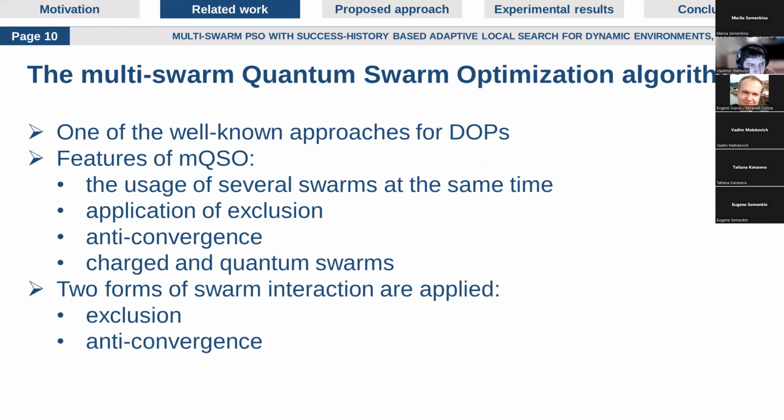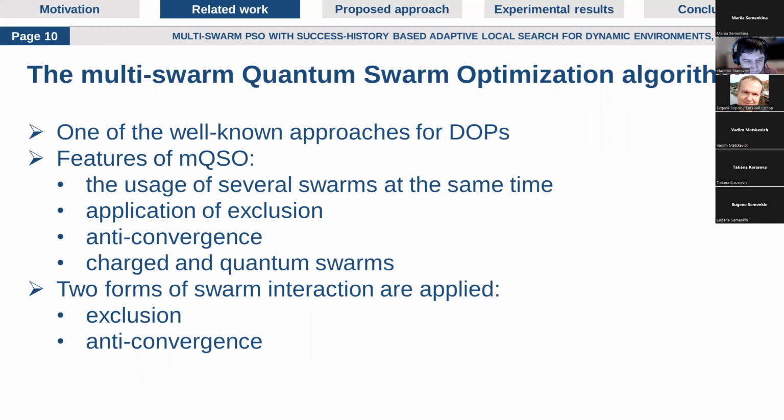So it's multi-swarm, so it uses a set of swarms. Of course, it implements standard PSO for each of them. Then it also has so-called exclusion. So if some swarm has converged, then it's excluded and generated again.